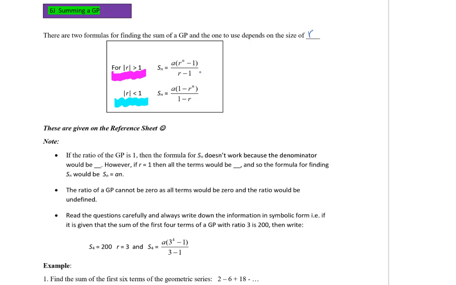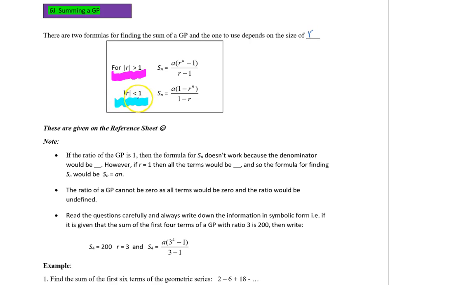You might be able to see there that because the absolute value of r is greater than 1, then generally, we will have a number that's positive. So if r is 2 subtract 1 is a positive number here.